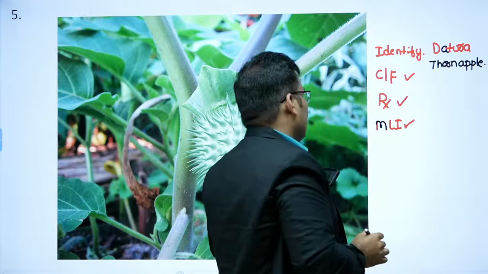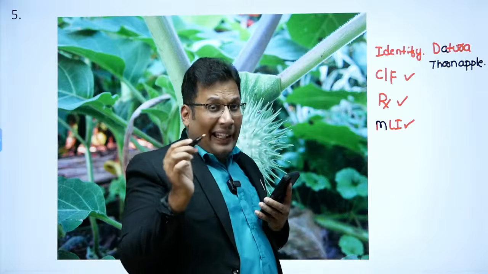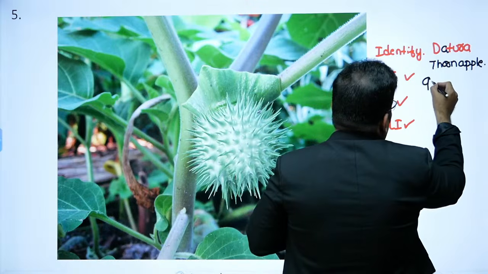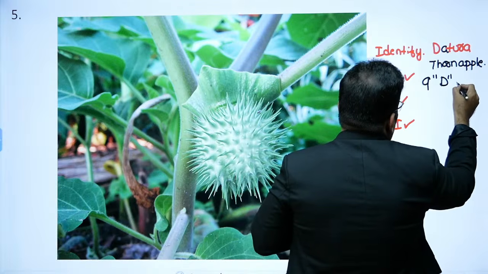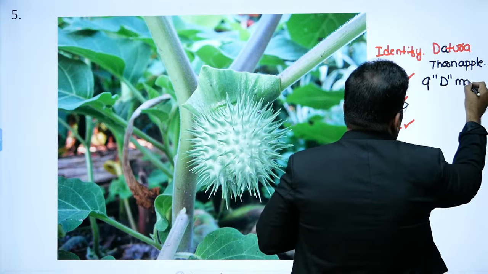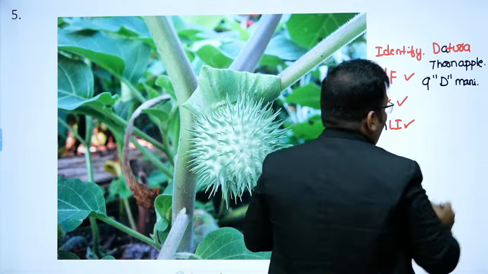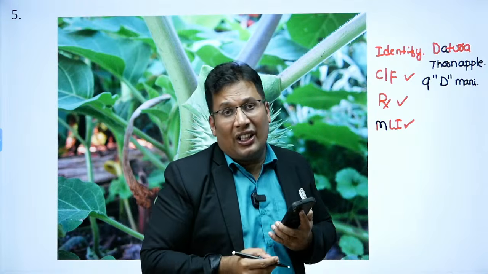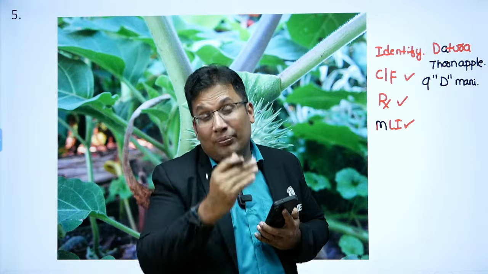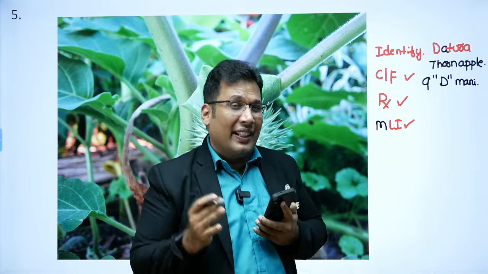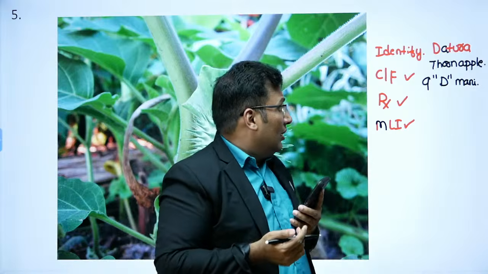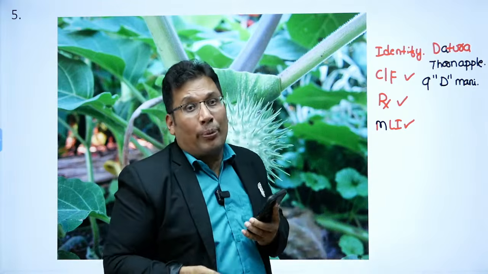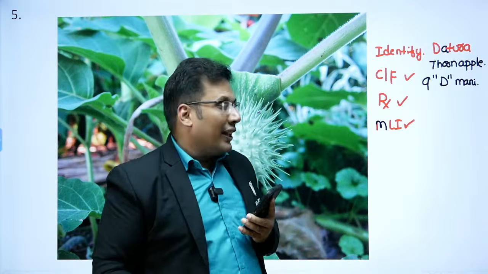Clinical features: many manifestations, for example dysarthria, dysphagia, delirium and all. Death also is a manifestation. Why? Because of hyoscine, hyoscyamine and traces of atropine. Because of the atropine, it is toxic.